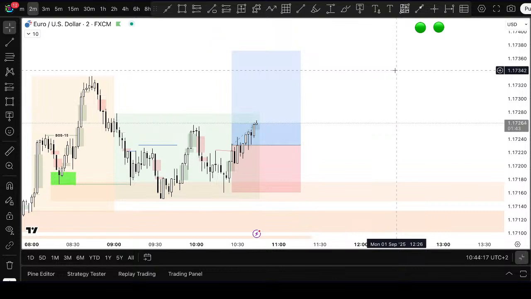So we have two trades available, one in the euro, another in the gold also. Okay, here we go.